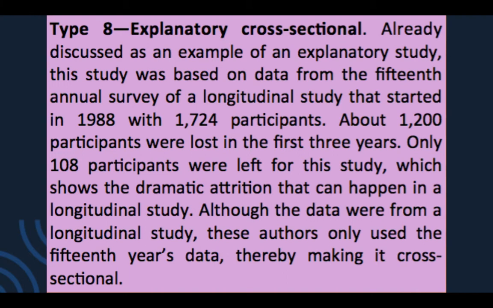About 1,200 participants were lost in the first 3 years. Only 108 participants were left for this study, which shows the dramatic attrition that can happen in a longitudinal study. Although the data were from a longitudinal study, these authors only used the 15 years data. Thereafter, it is cross-sectional.